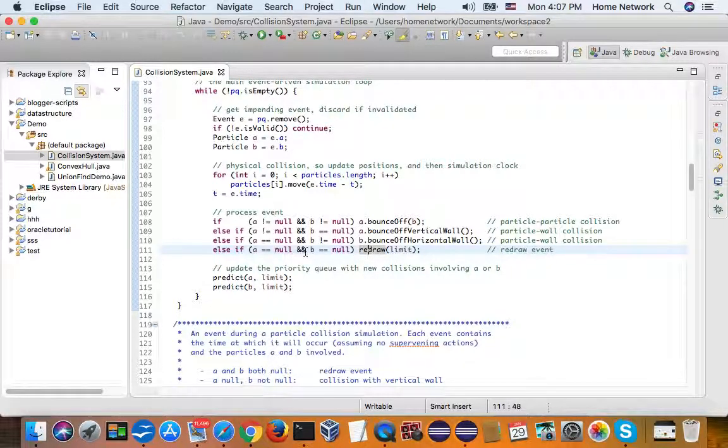And we deal with that event, either update A and/or B's velocity, or we draw the picture. And at that point, the event happens. A and B's state changes, and we need to update the rest of the world. Say there are 99 events in your priority list. At that point, the world is divided into two parts.